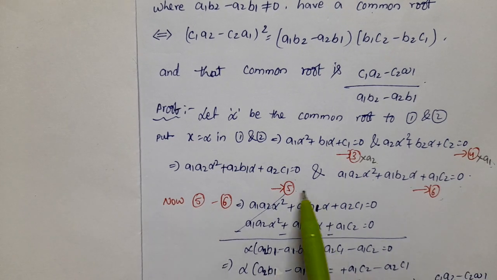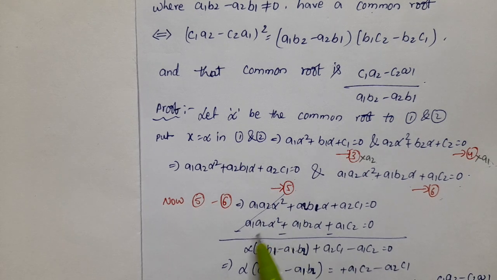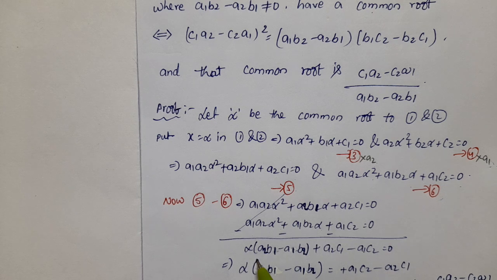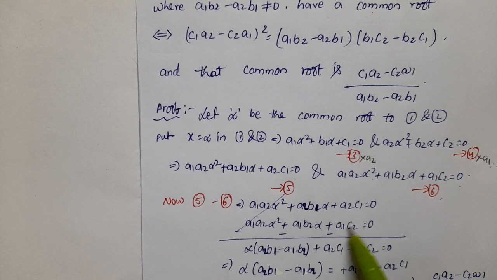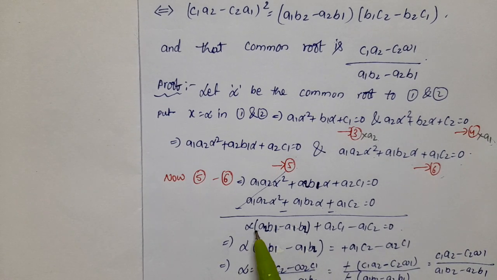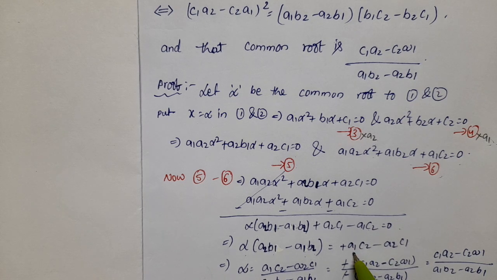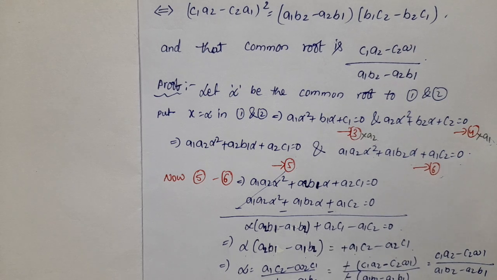Now subtracting 5 and 6, a1 a2 alpha square and a1 a2 alpha square get cancelled. Take alpha common: alpha into (a2 b1 minus a1 b2) plus a2 c1 minus a1 c2 equal to 0. So alpha into (a2 b1 minus a1 b2) equal to, write these two terms on the other side. This minus value can be plus, this plus can be minus. So a1 c2 minus a2 c1.